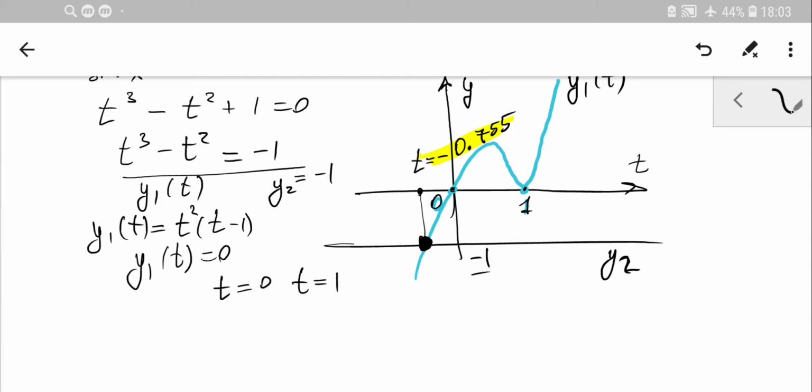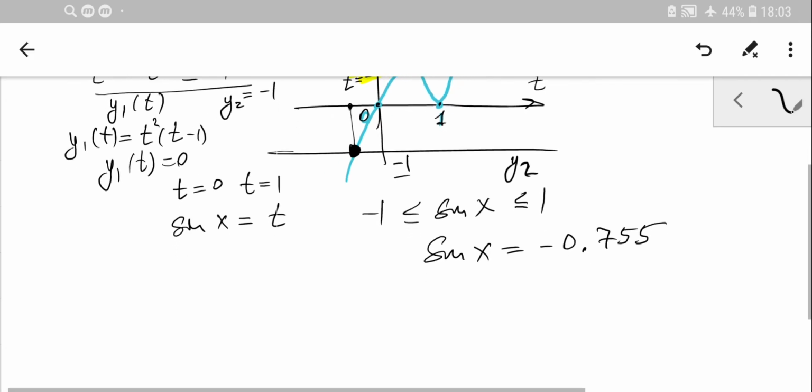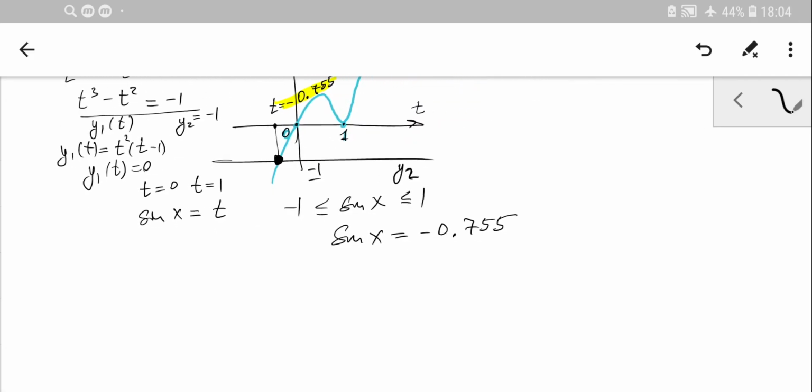How do we understand whether it is proper? Because sine x equals t, and sine x is restricted between -1 and 1, this value is eligible, since sine x equals negative 0.755. This is the time to look at the unit circle. In case of many points of intersection, be careful about these conditions. Don't forget that; it's intentionally tested here.